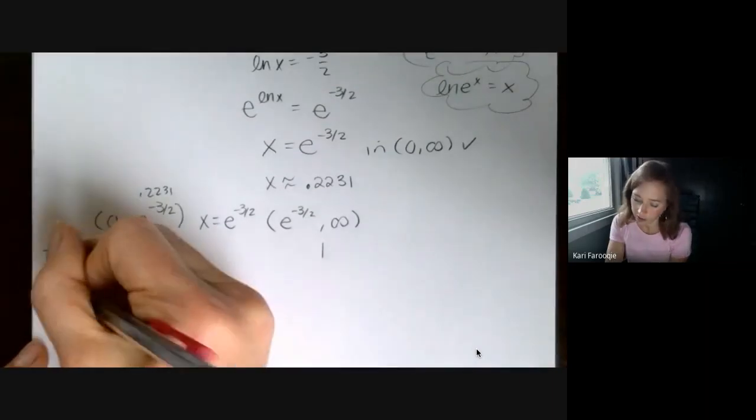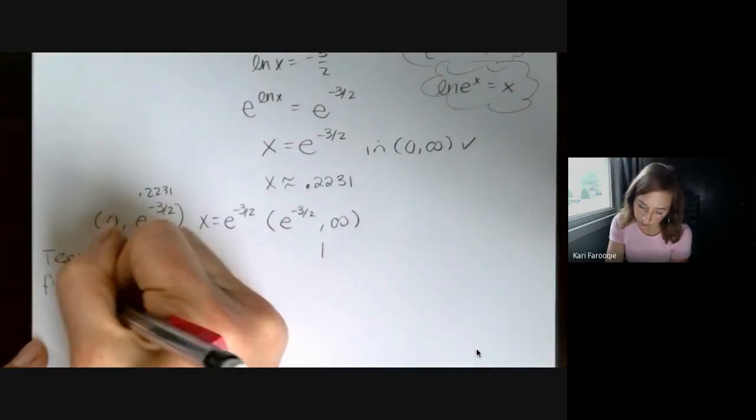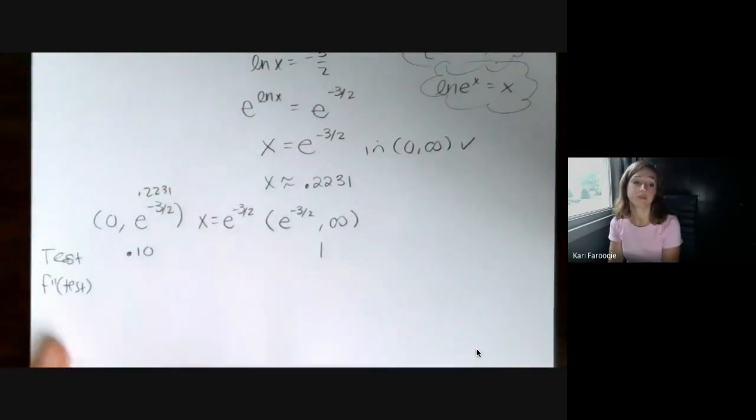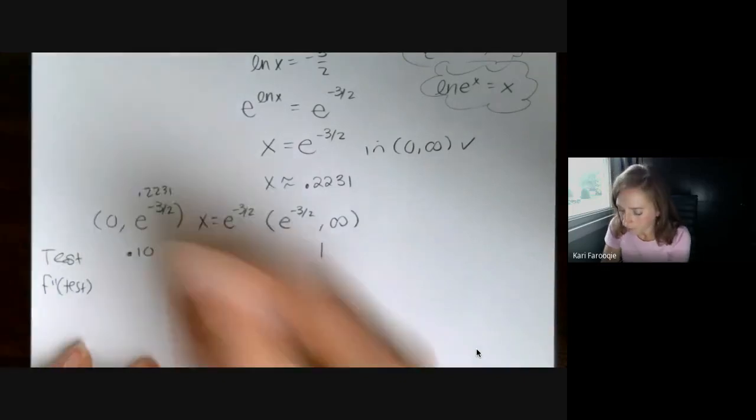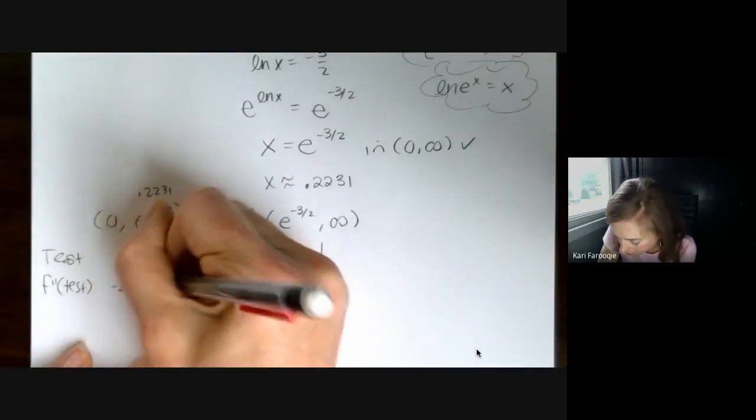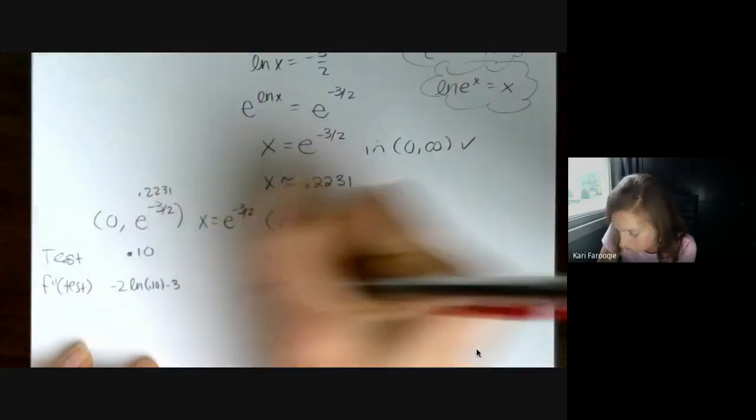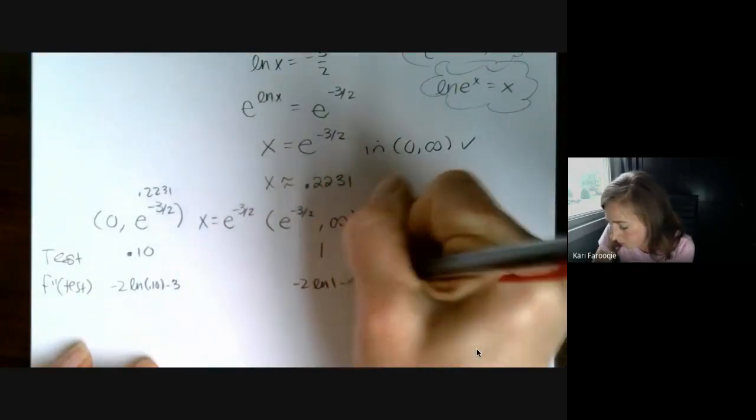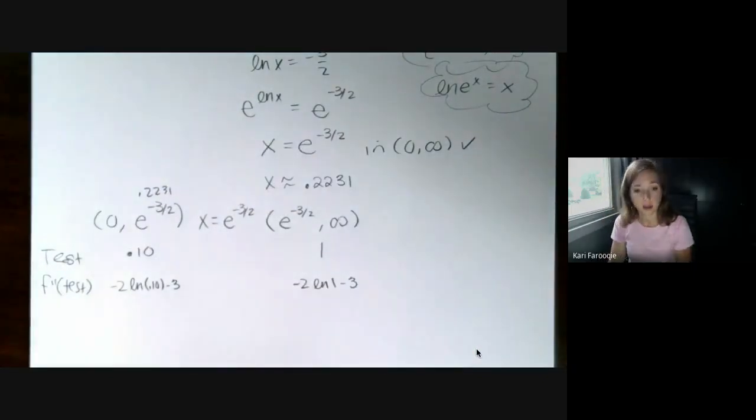And then you'll evaluate the second derivative at your test point. Your second derivative is -2 ln x minus 3. And you can see now that 1 was a really good point to choose here because this one's going to be easy to evaluate.